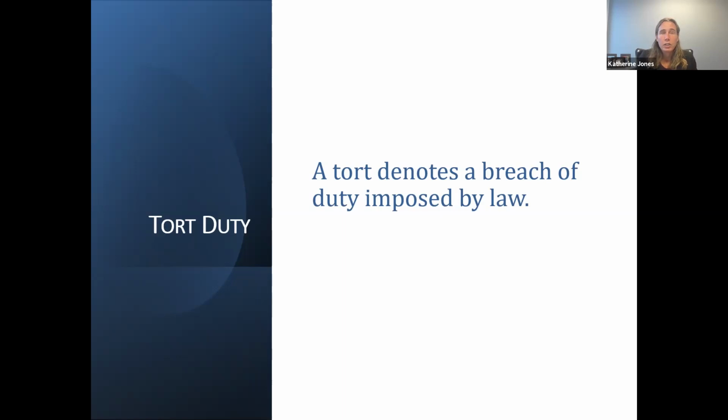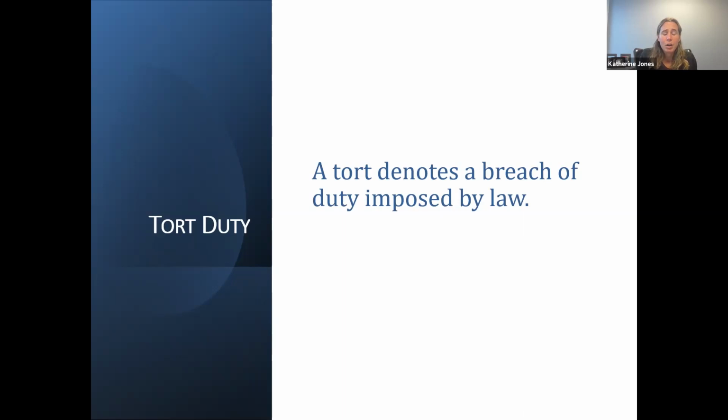And so professional negligence is when a licensed learned professional acts in a negligent manner within the scope of their profession. So I'm going to talk a little bit about proximate cause for a second, because proximate cause is one of the most confusing concepts in tort law.